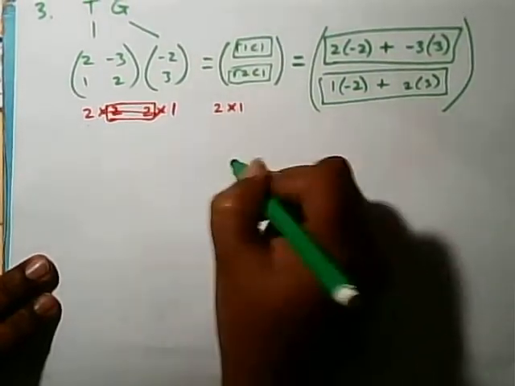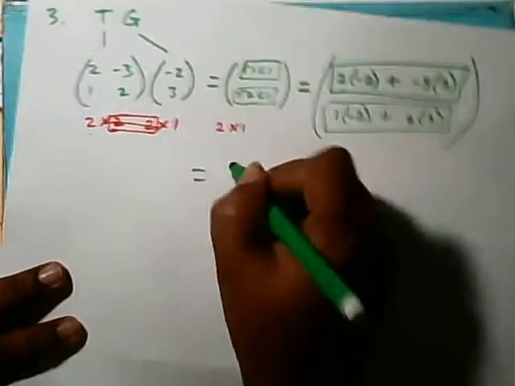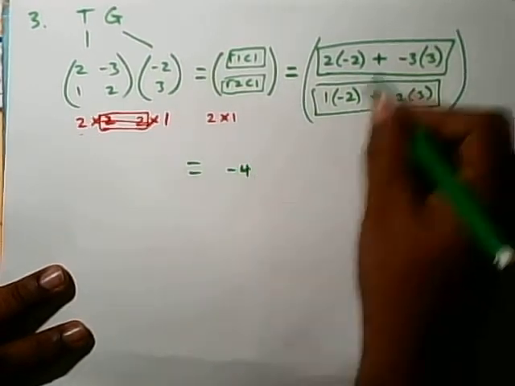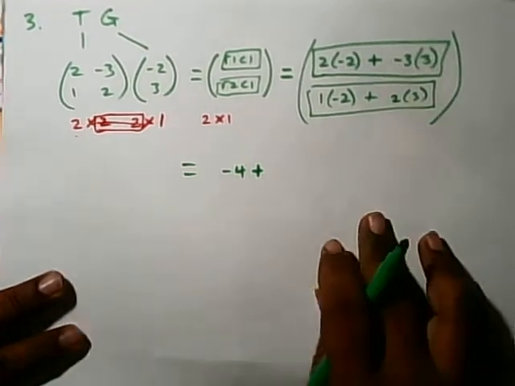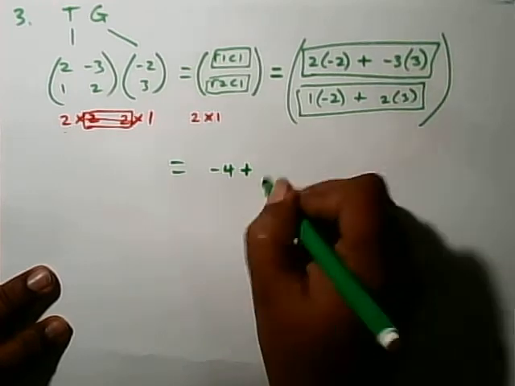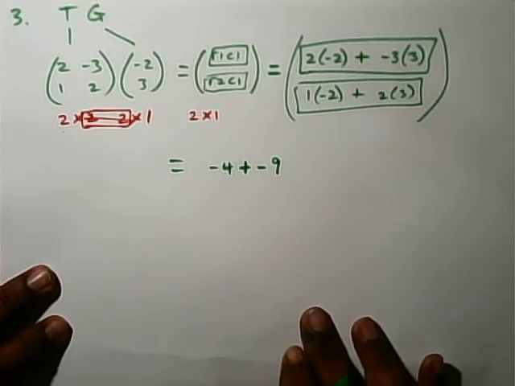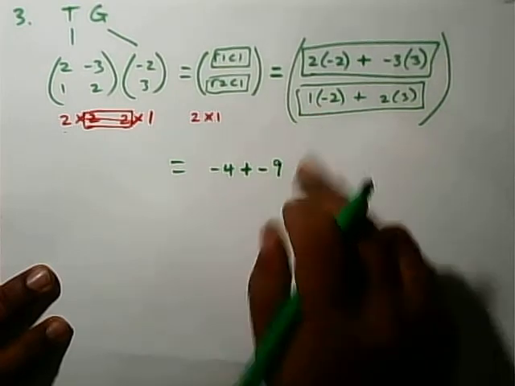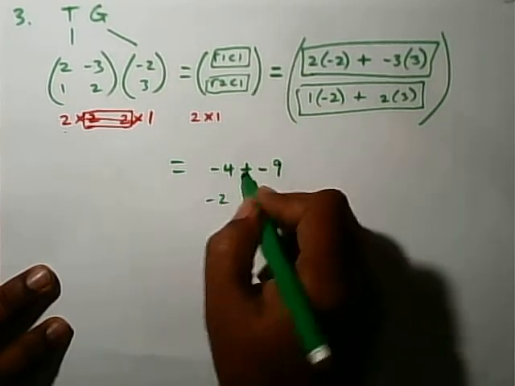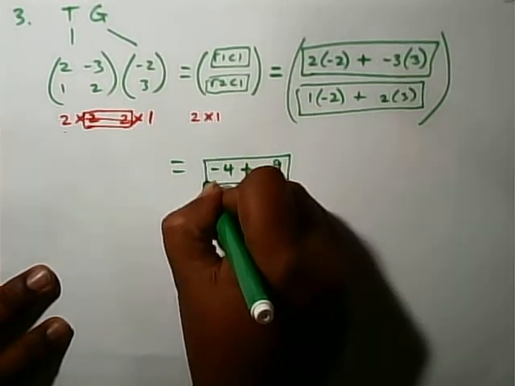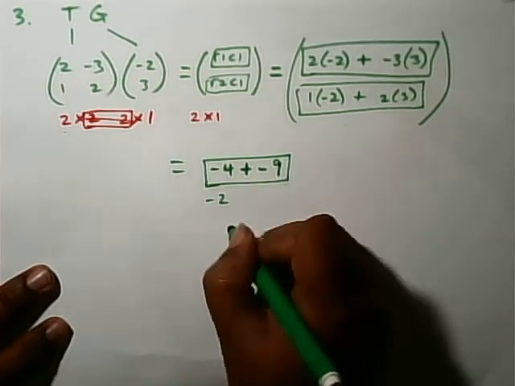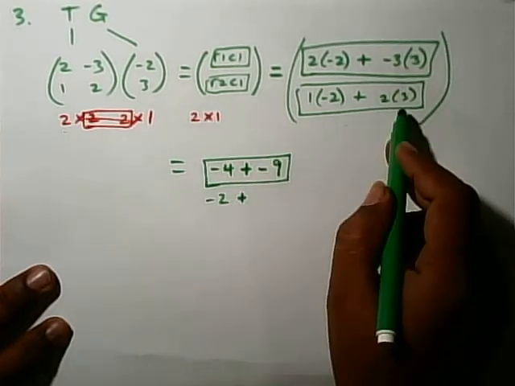Then that will work out: 2 by minus 2 is minus 4. Bring on the add. Minus 3 by 3 is minus 9. 1 by minus 2 is minus 2, add 2 3s are 6.